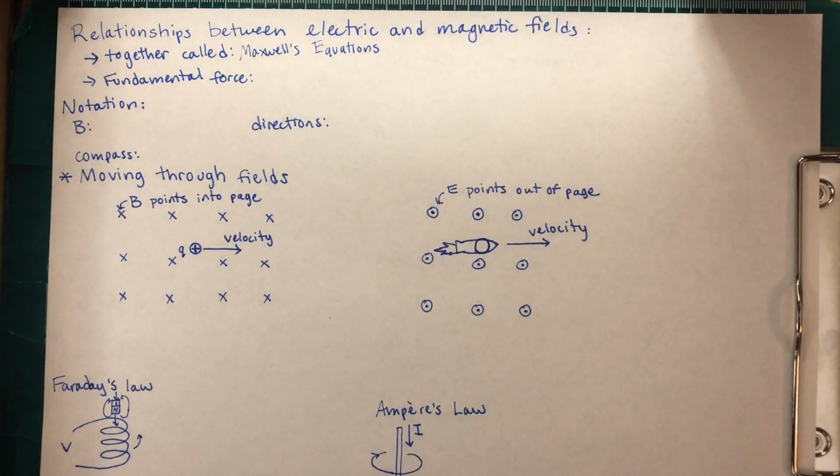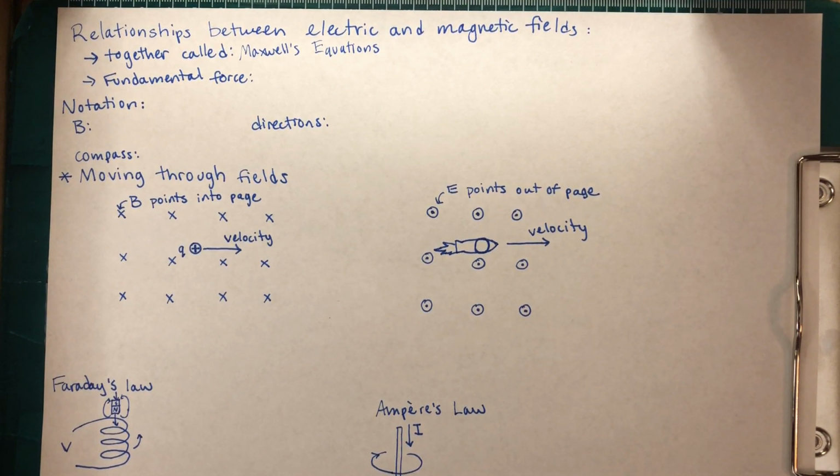And a lot of them have their own names as well because Maxwell didn't discover all of these relationships, but it was him who put them together in a unified way where he saw the parallels between different relationships of electric and magnetic fields. And that's what we're going to talk about.